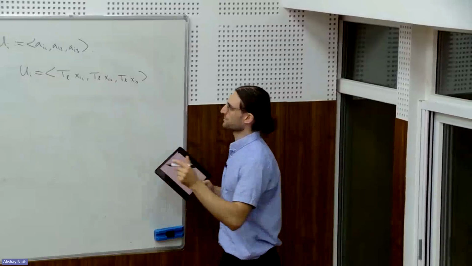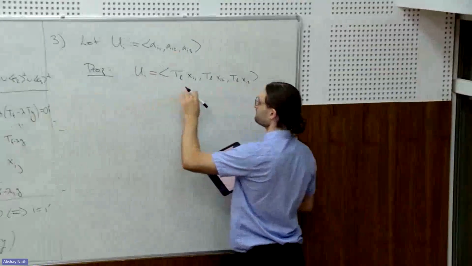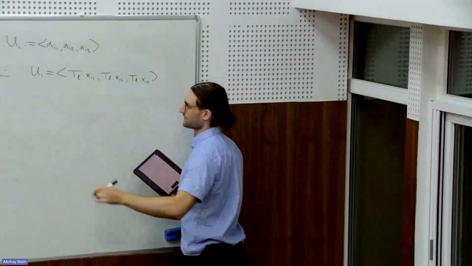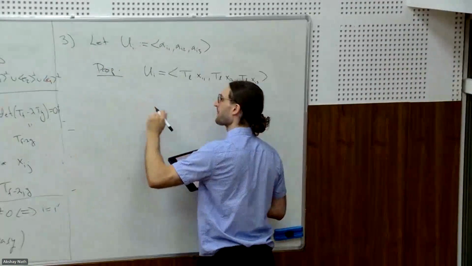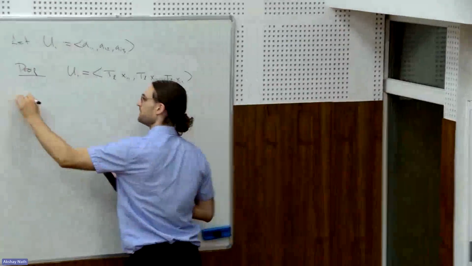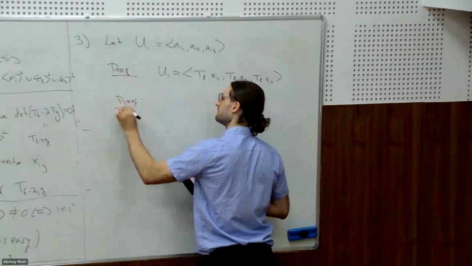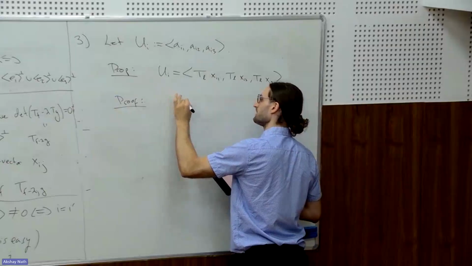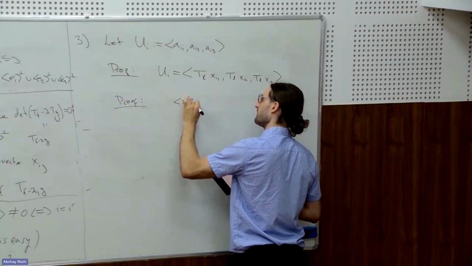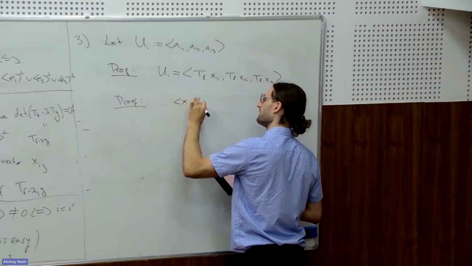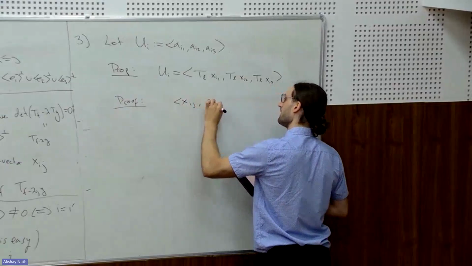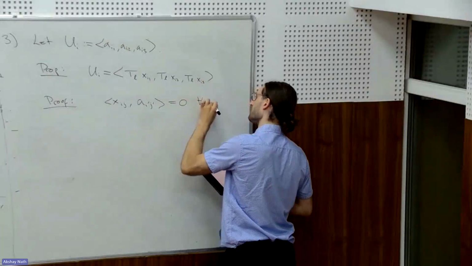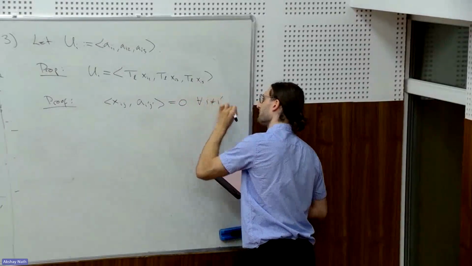So why is this? Okay, so first of all, maybe I should write this out. The proof. First of all, the inner product of xij with xi prime j prime is equal to 0 whenever i is not equal to i prime.